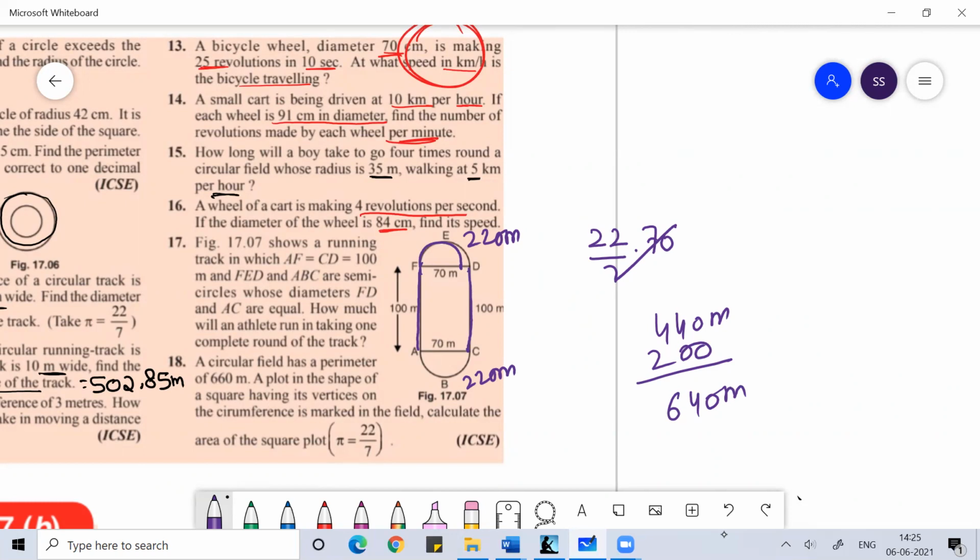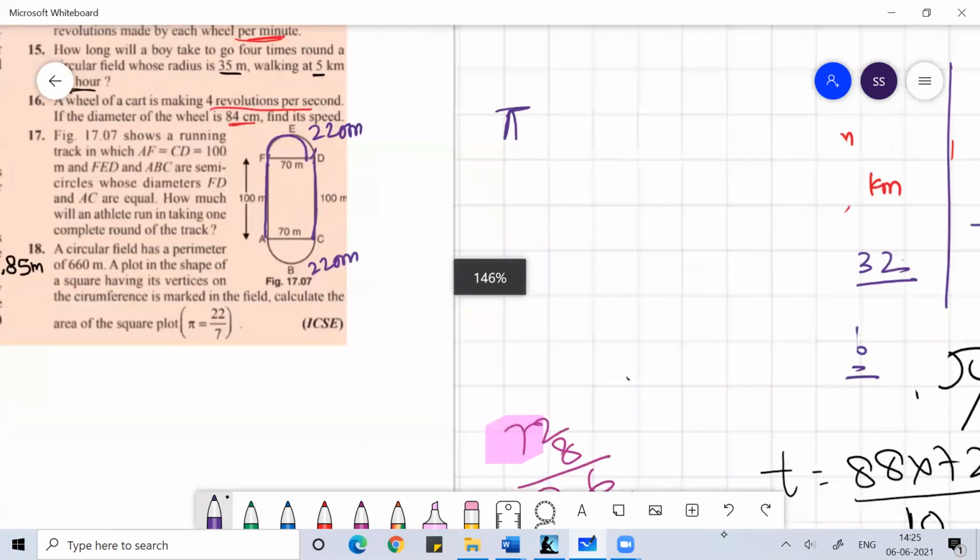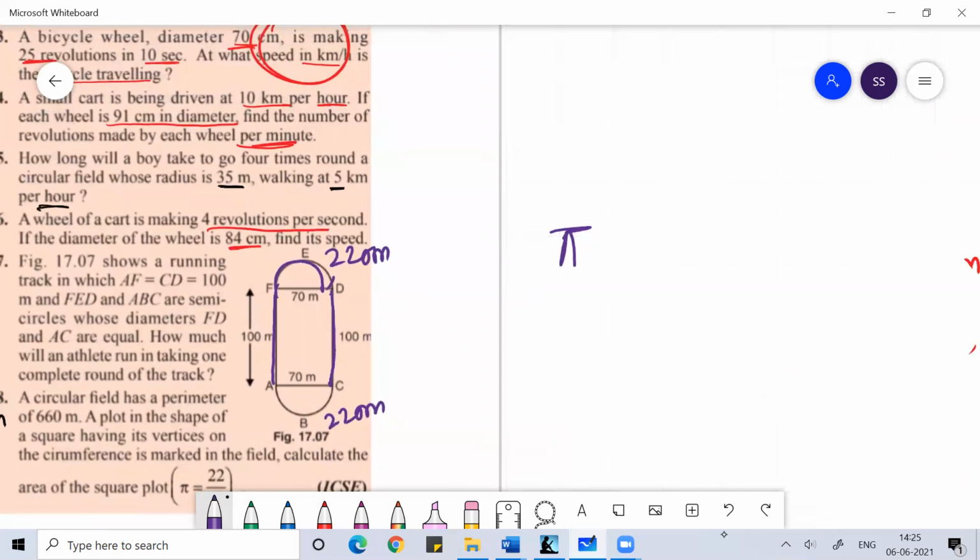Achha, semicircle is there. So the semicircle perimeter would be pi d by 2. Two semicircles will become one circle. So it becomes pi d plus 200.